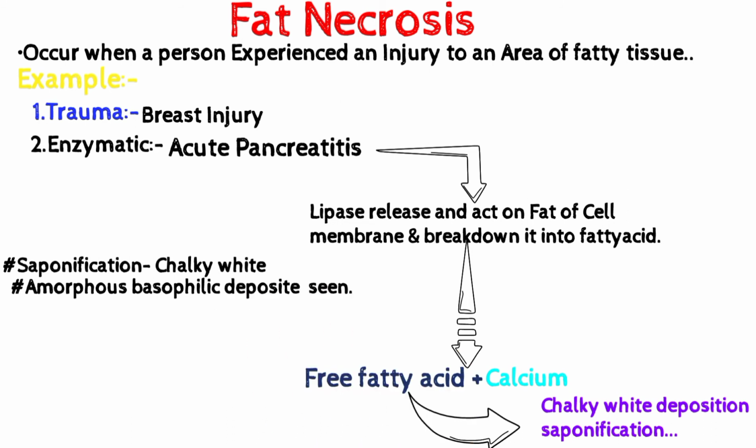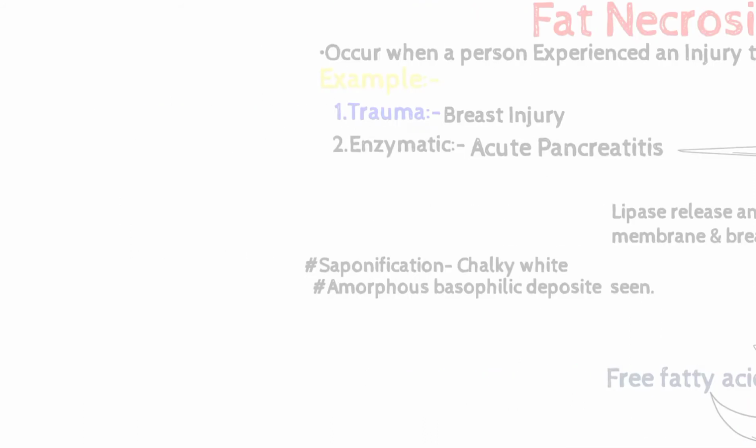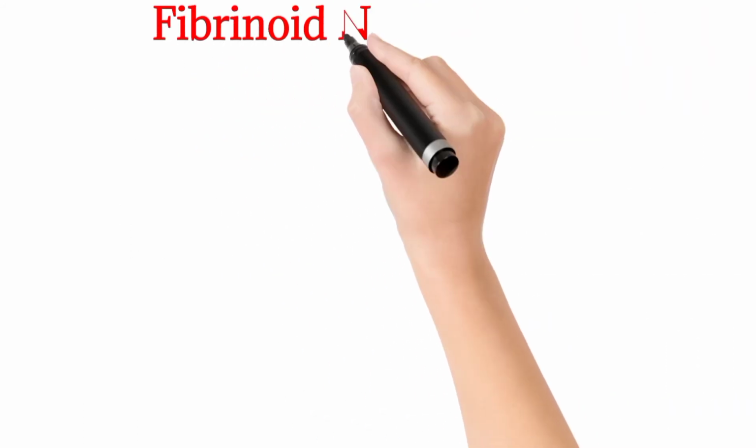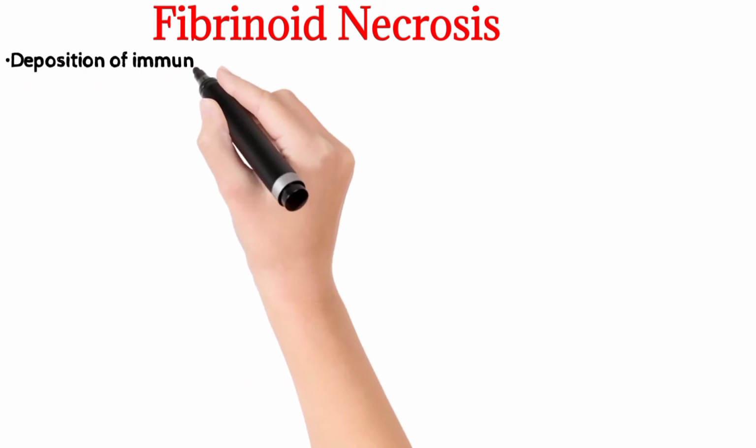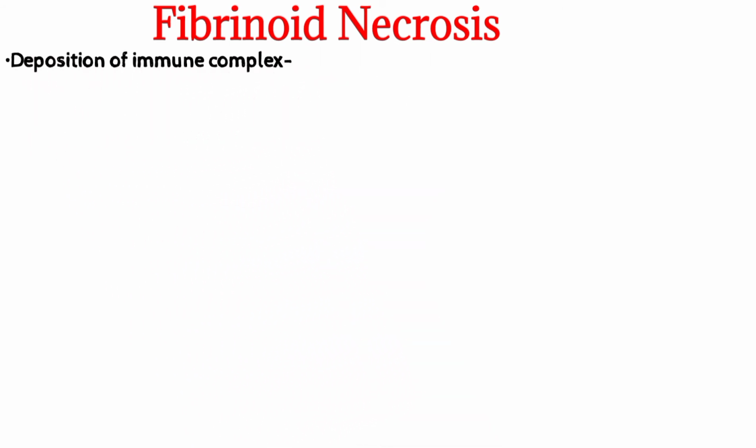Now coming to the fibrinoid necrosis. Fibrinoid necrosis occurs due to deposition of immune complex, antigen and antibody, in the vessel.